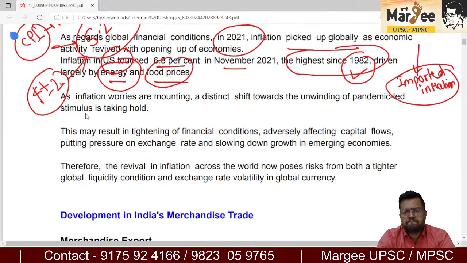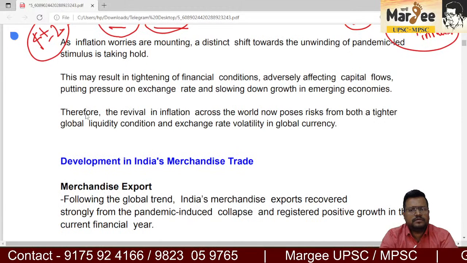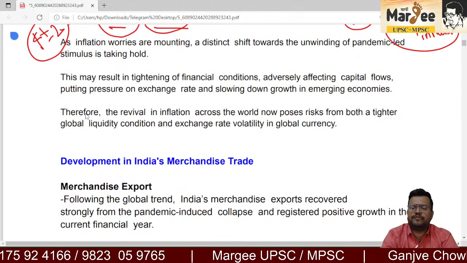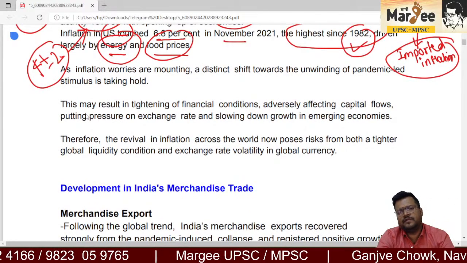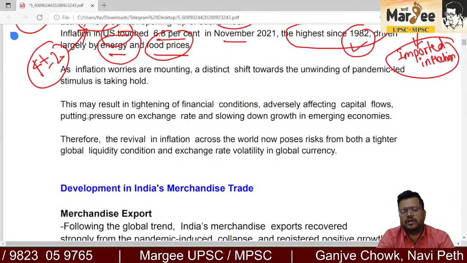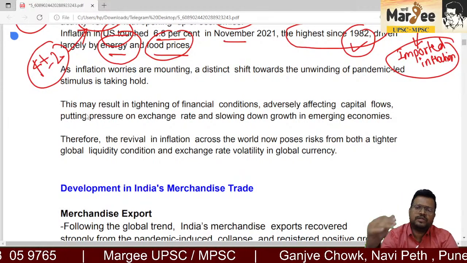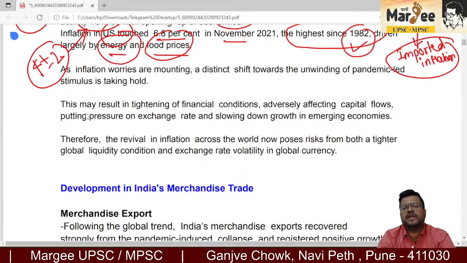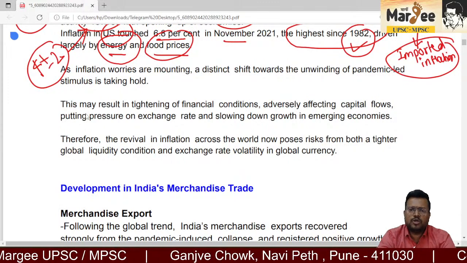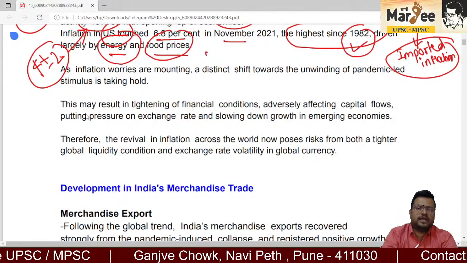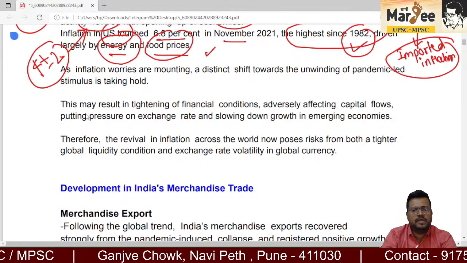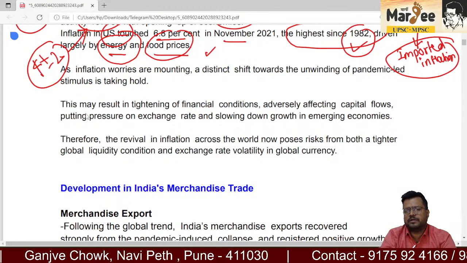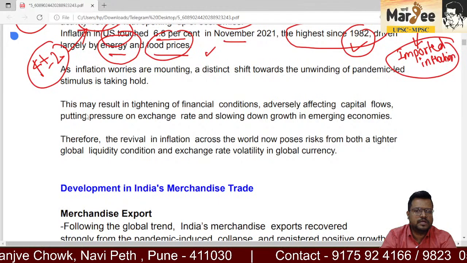Then the economic survey says that this condition of inflation may result in some adverse effects. सुरुवातीलाच आपण काय बघितलं की मर्चंडाइज ट्रेड किंवा ट्रेड व्हॉल्यूम बघितलं तर ग्लोबल इकॉनॉमी रिकव्हरी होताना दिसते. But due to this inflation, like 6.8% in the USA, some negative impact may happen. काही नकारात्मक परिणाम त्याच्यामुळे होऊ शकतात.